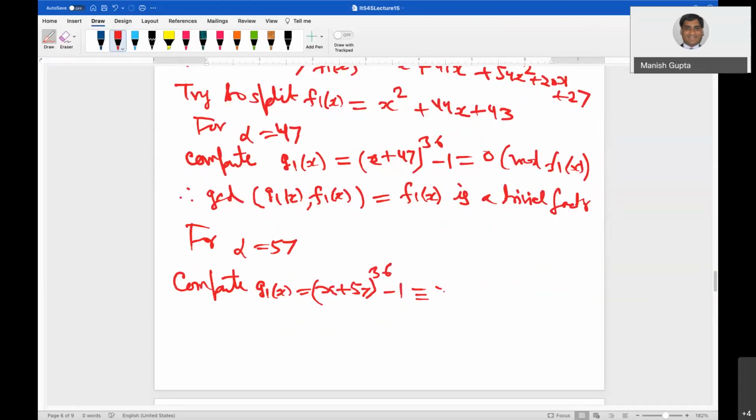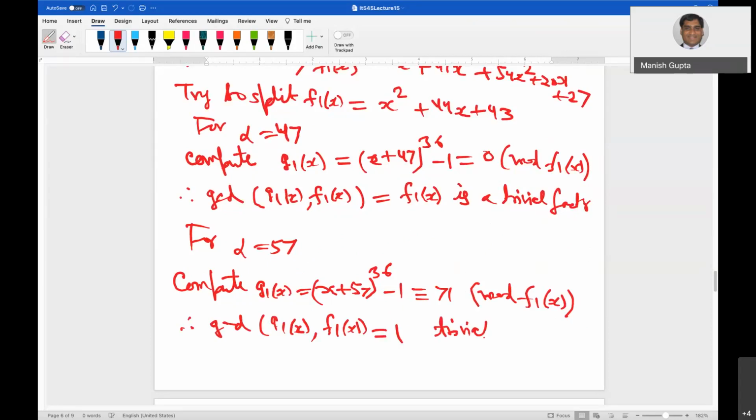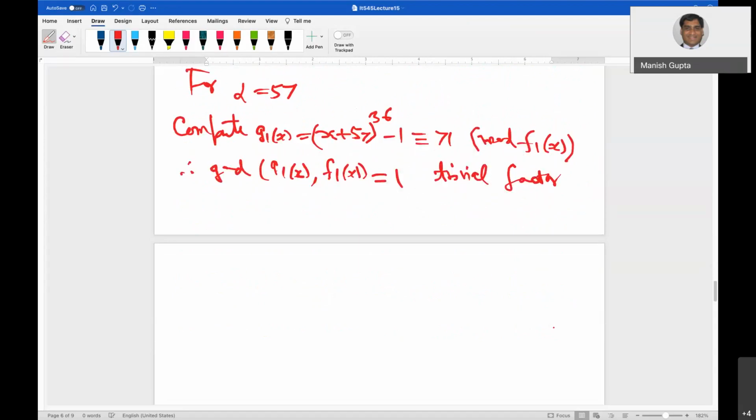This turns out to be 71 when we compute modulo f1 of x. Then again we compute the GCD of g1 of x with f1 of x, and this GCD is 1, again a trivial factor, right? So try some other alpha.